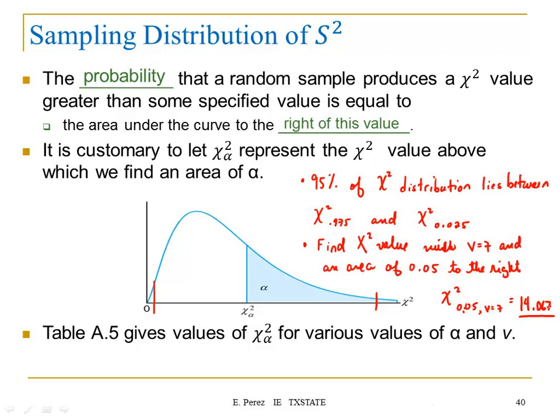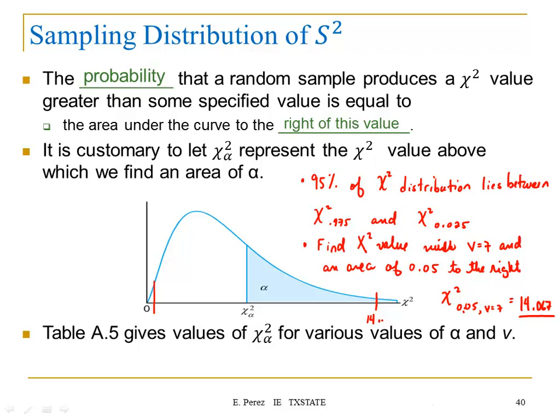Okay, so let's look at one example for this. Yes? Is that 14 the area to the right of that? That 14 is not an area. If you look at this graph right here, 14 is your horizontal axis value.